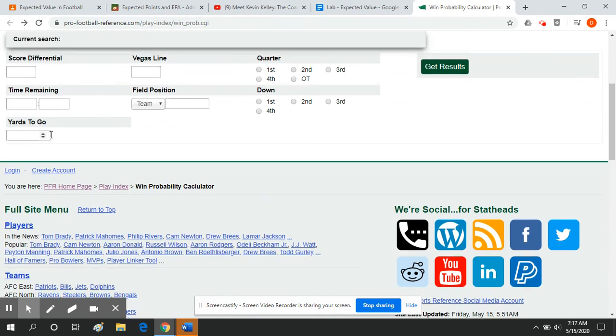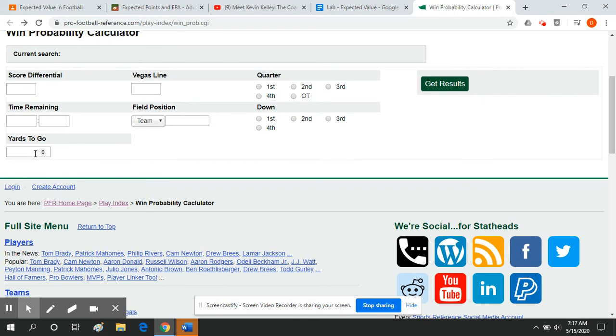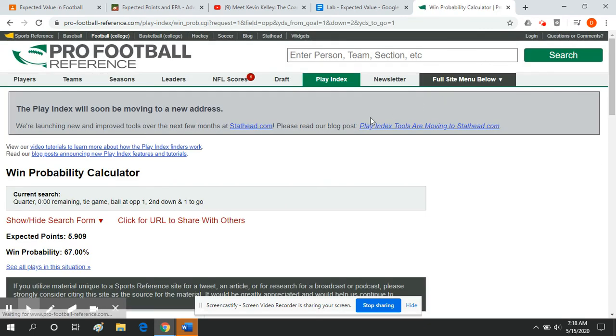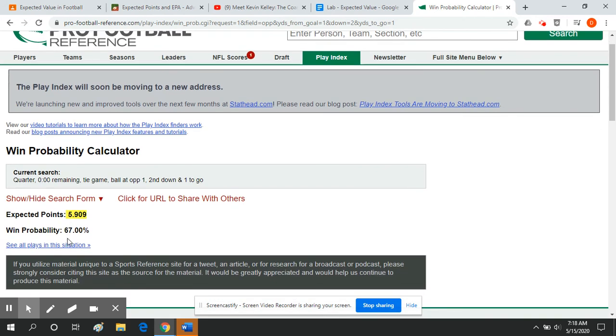Oh, because you can't have 4 yards to go and be on the 1 yard line. So let's say 1 yard to go on the opponent's 1 yard line, second down. It's going to say your expected points is 5.9. Touchdown is 6 points because you're in a really high probability position there.